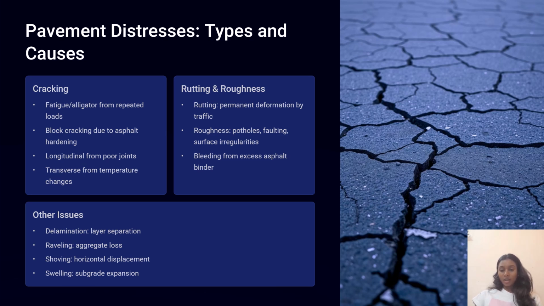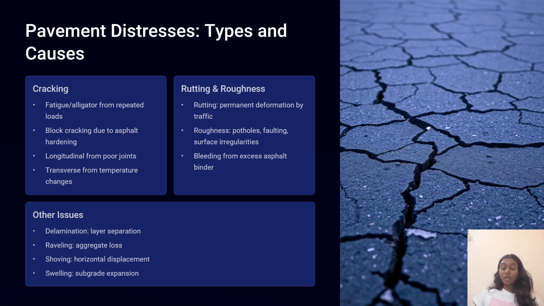Then transverse cracking runs across the road and usually occurs due to temperature changes that cause the pavement to expand and contract. Next is rutting and roughness. Rutting is a depression in the wheel path, a permanent deformation caused by heavy traffic load.